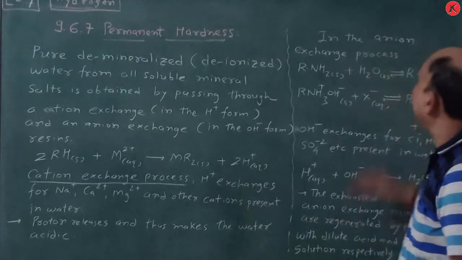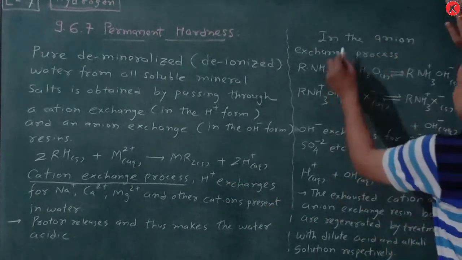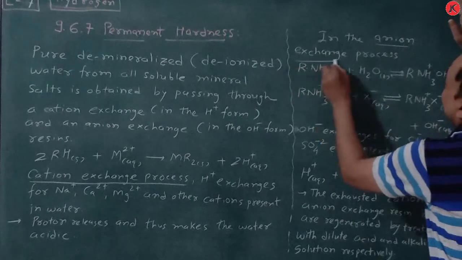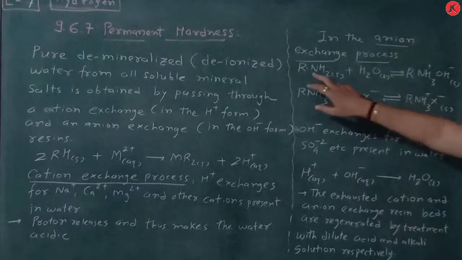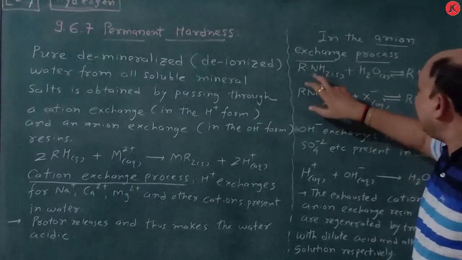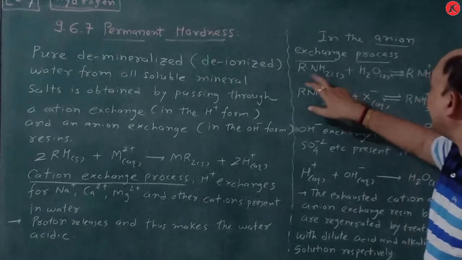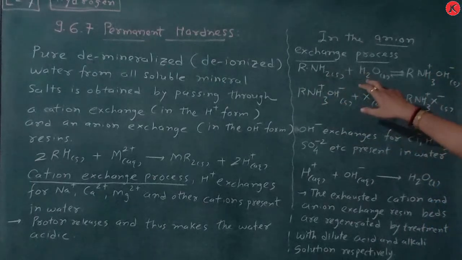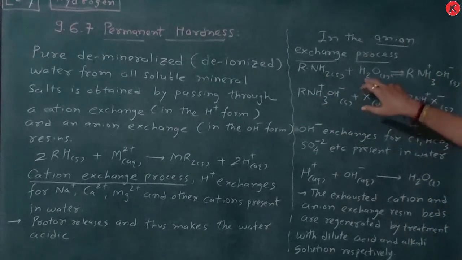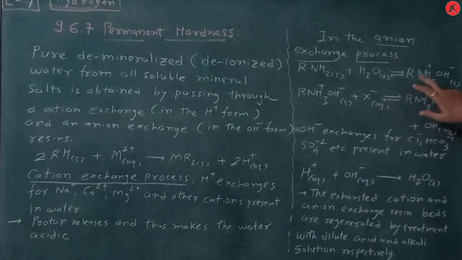Now next one is the anion exchange process. Suppose here RNH2 is there, this type of resin, it reacts with water molecule or say hot water, it gives RNH3+ and OH- solid.